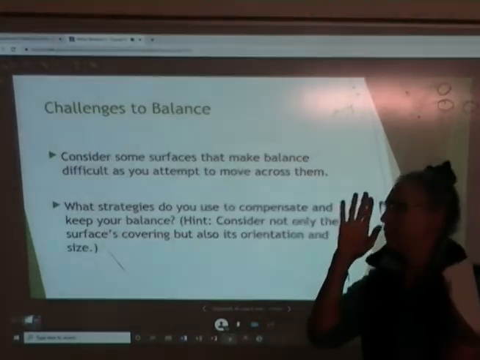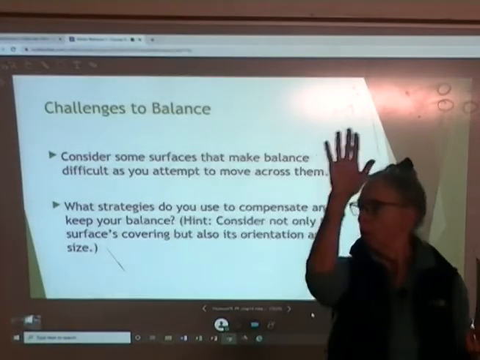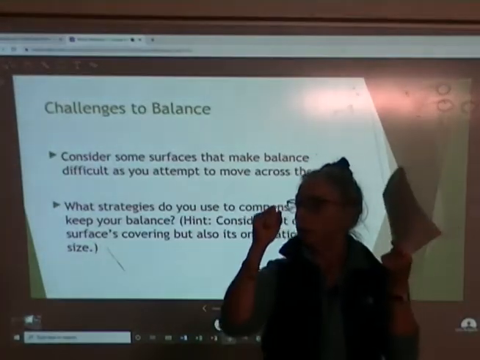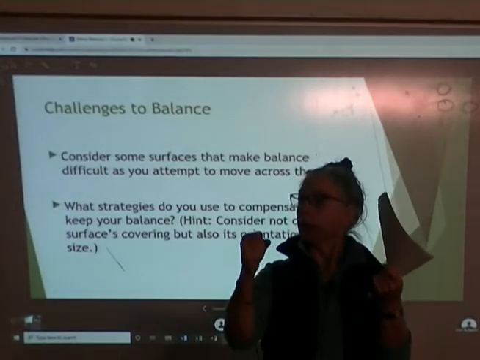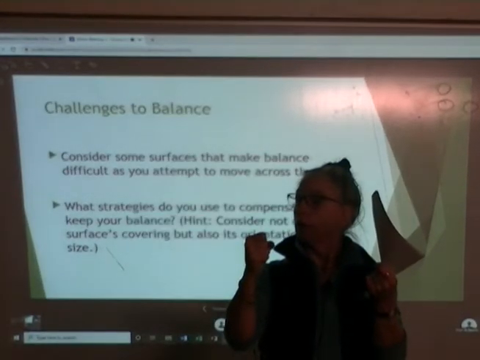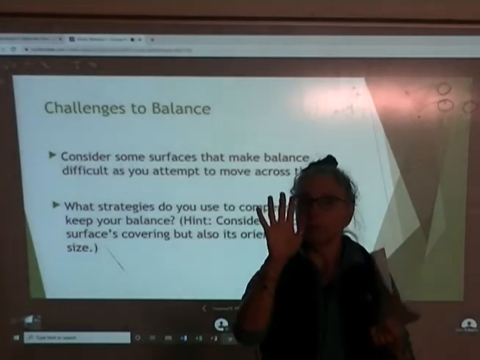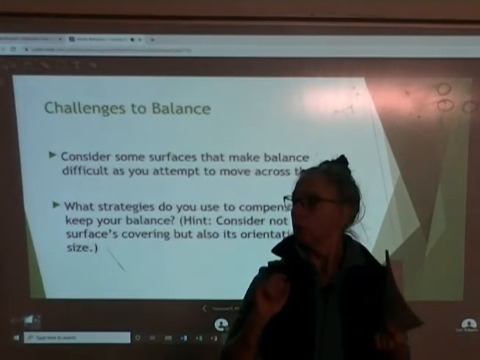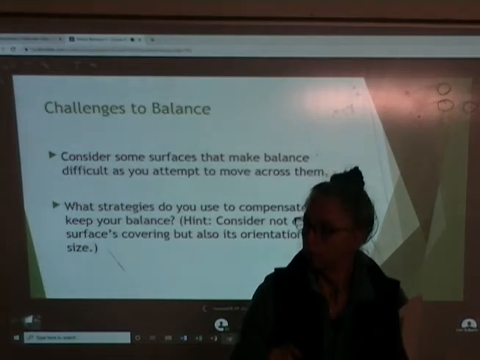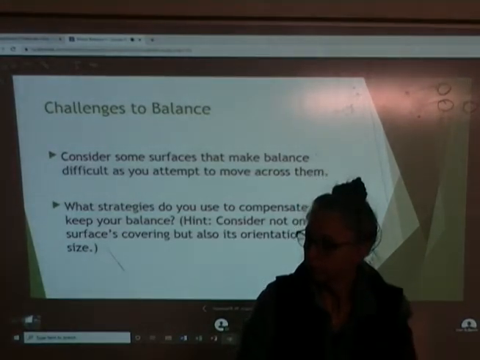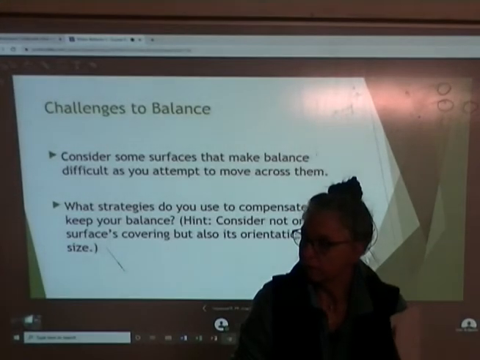So if I'm climbing uphill and I'm going up a steep hill, do I stand upright? What do I do if I'm going up something very steep? I lean forward.